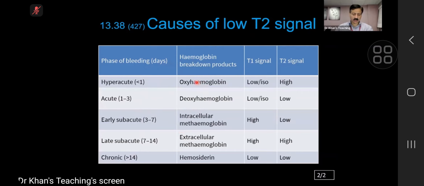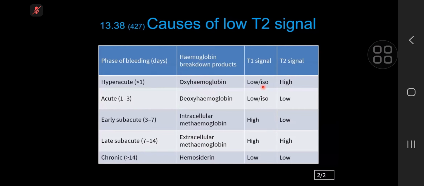What happens is that initially the hemoglobin is oxyhemoglobin, it changes to deoxyhemoglobin, then to methemoglobin, and ultimately to hemosiderin. If you look at the signal intensity, initially a T1 or T2 weighted sequence is not very sensitive because it will be low to iso on T1 and high on T2.